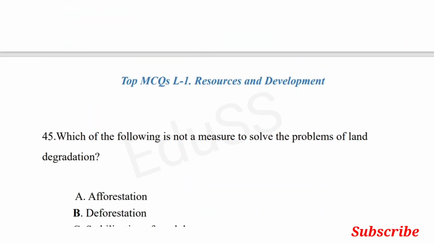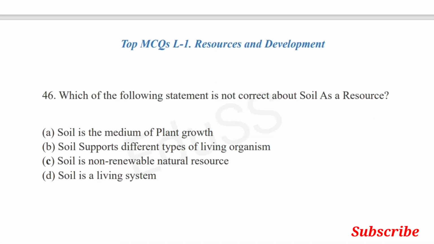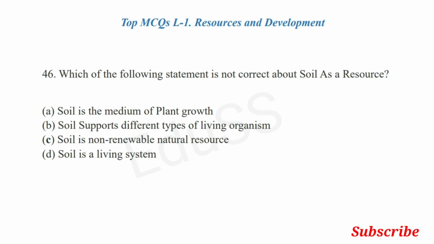Next, which of the following is not a measure to solve the problems of land degradation? Answer is deforestation. Next, which of the following statements is not correct about soil as a resource? Soil is the medium of plant growth, this is right.